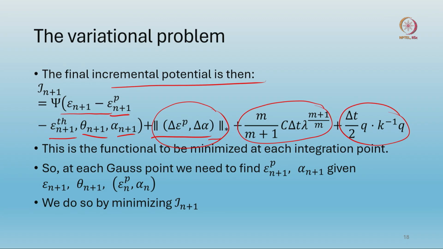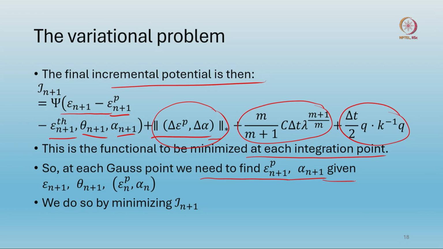Now this has to be minimized at each integration point. And if I have this at each integration point, integrating is no problem. You just multiply this by the appropriate integration weights, the Gauss quadrature weights, and then you get the integral. So at each Gauss point, what are we trying to find? Our objective is to find epsilon n plus 1 p and alpha n plus 1.